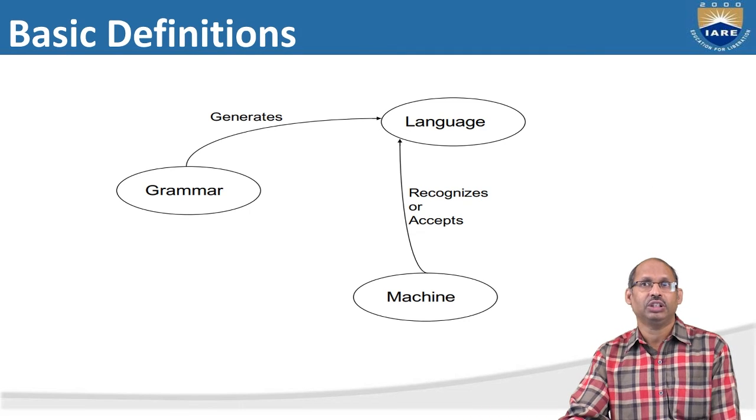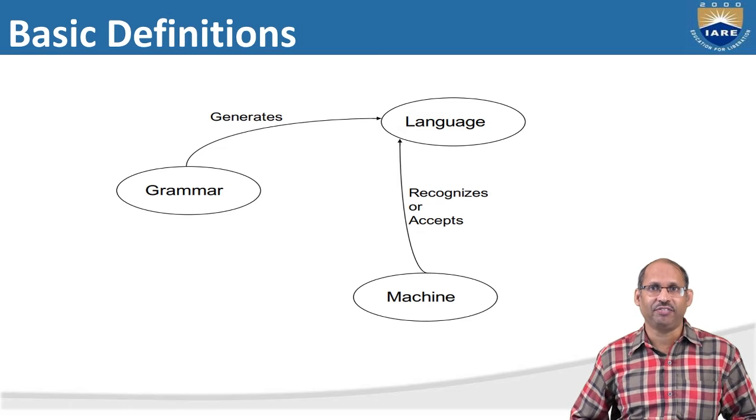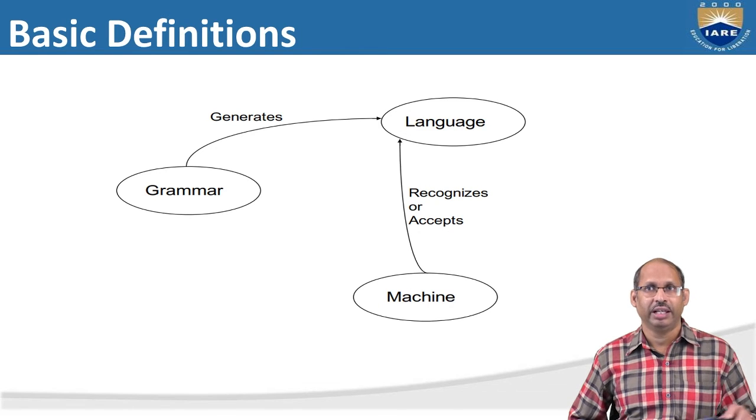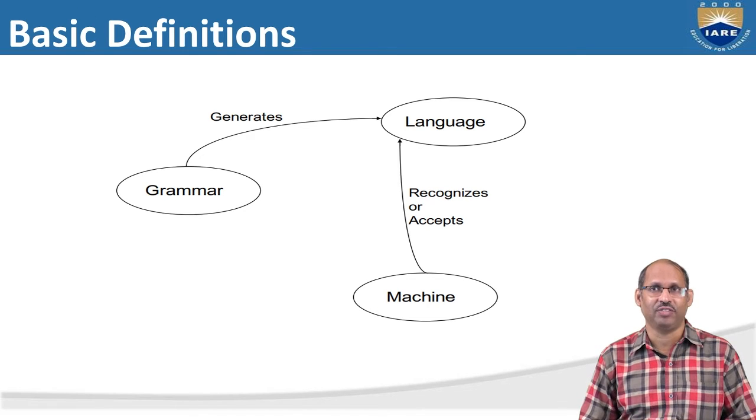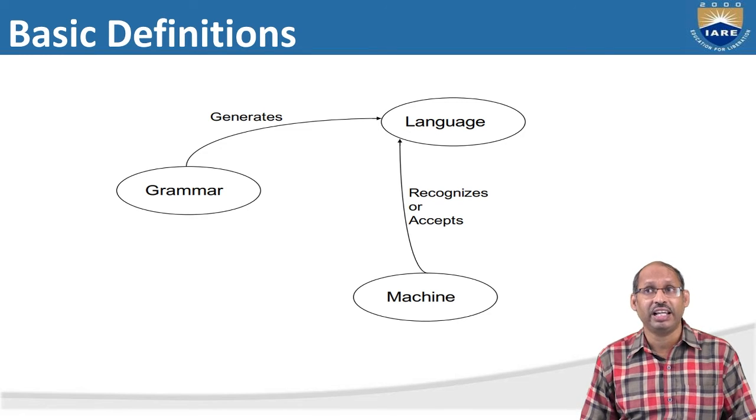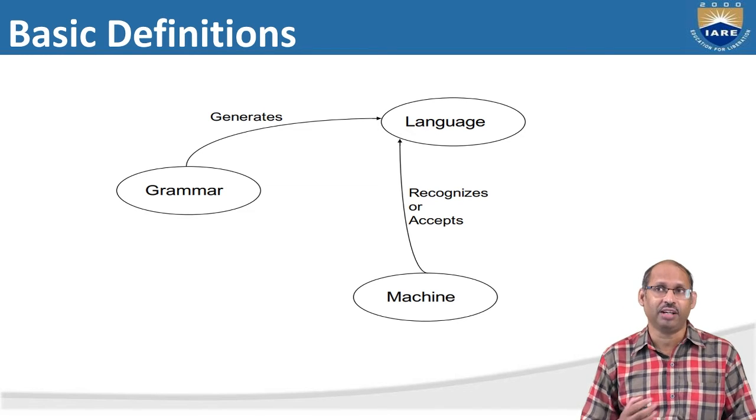Right? So here, basic definitions. A grammar generates a language that is recognized or accepted by some machine. Right? A grammar generates a language. What is a language? A set of strings.